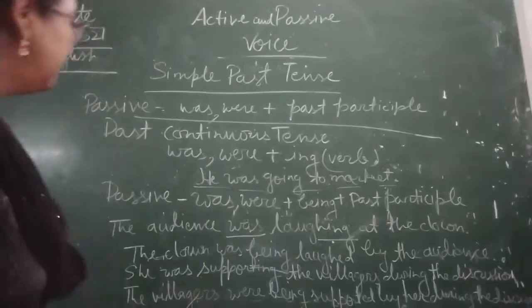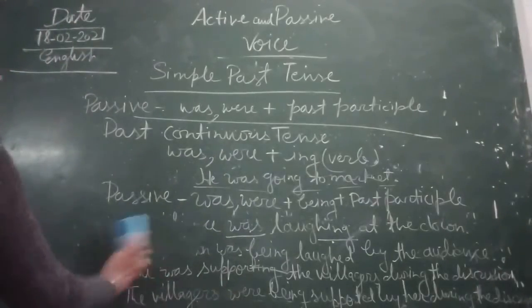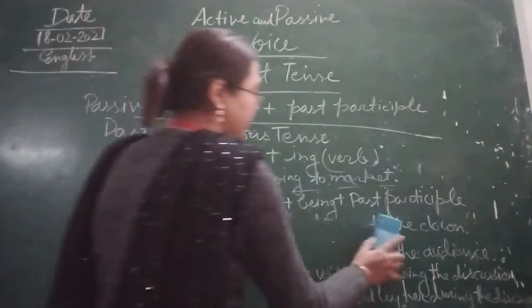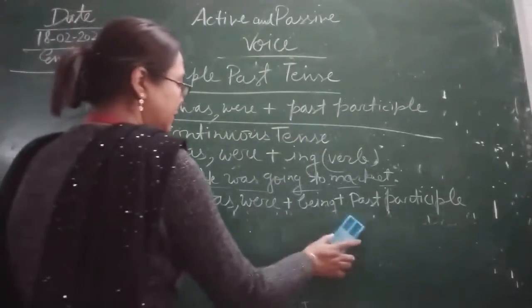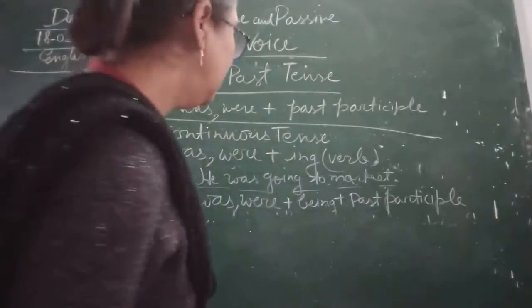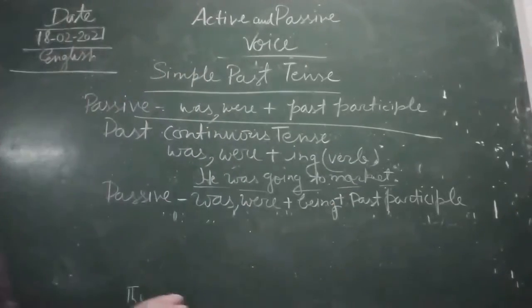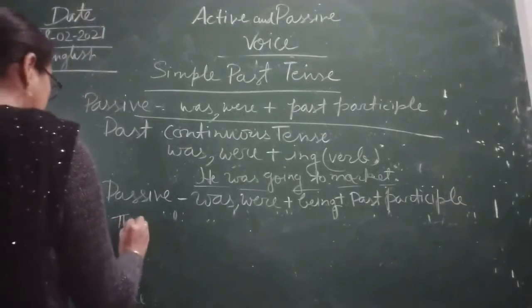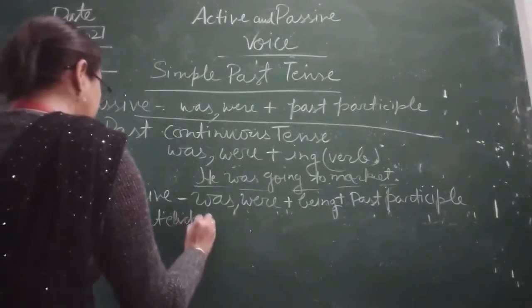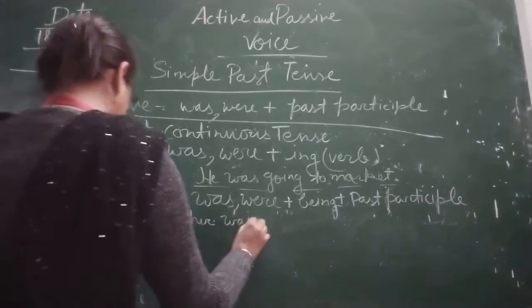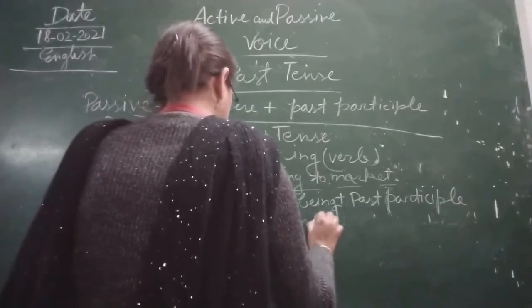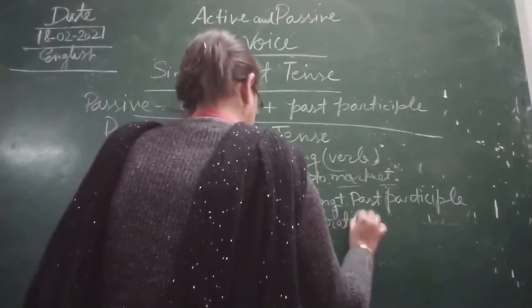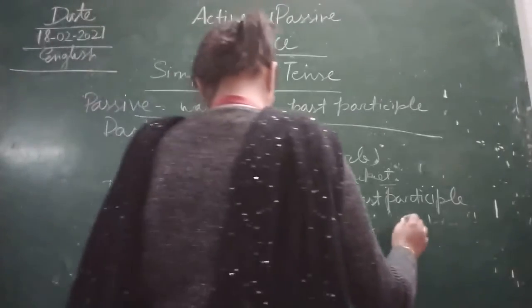So children, I'll give you one more example of the past continuous tense, because the rule must be clear. That is why I am giving you examples. Now our next example is, the teacher was demonstrating an experiment.